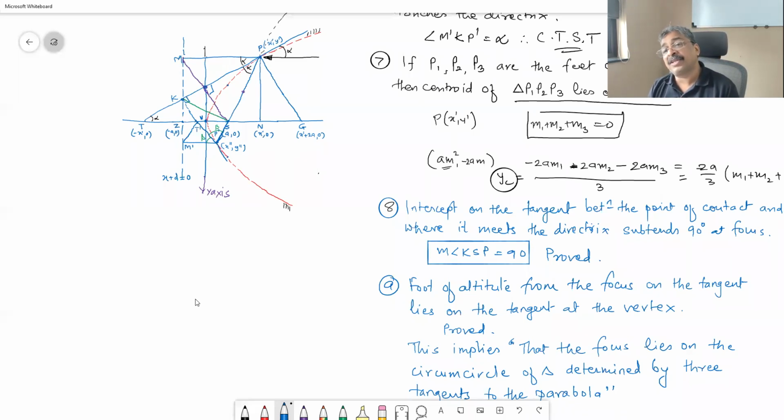So whatever triangle is formed by the tangents, if you draw the circumcircle of that triangle, of course P is a part of that circle, and the focus is also part of the circle. That is why Simpson line theorem was taught to you in 9th standard. This is the correct time to use Simpson line theorem.